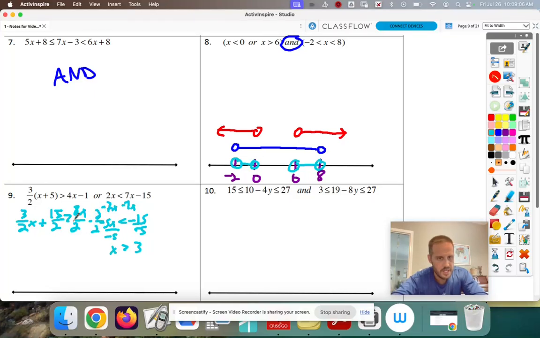And if I subtract 3 over 2x, we're going to have a 5x over 2 over here. And if we add that, less than 17 over 2. And if I multiply by 2/5 on both sides, the 2's will cancel. We get 17 over 5, which is 3.4. So we get x is less than 3.4.